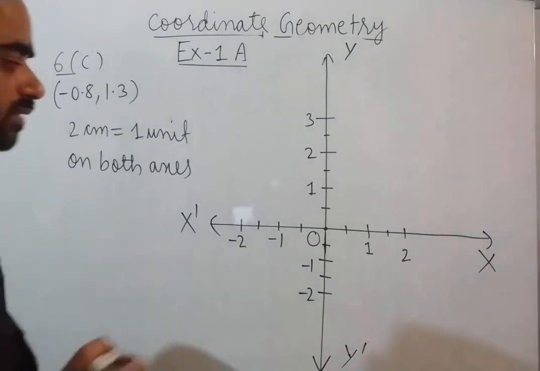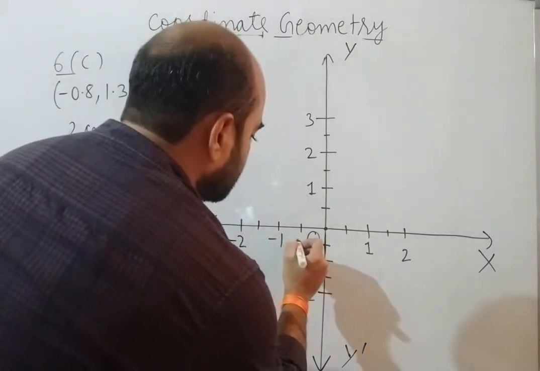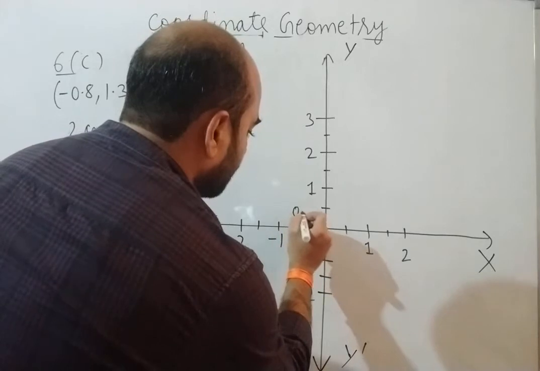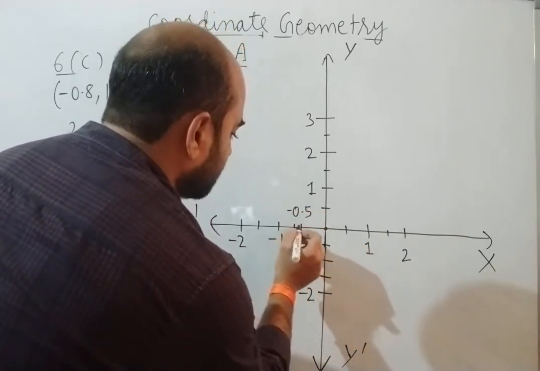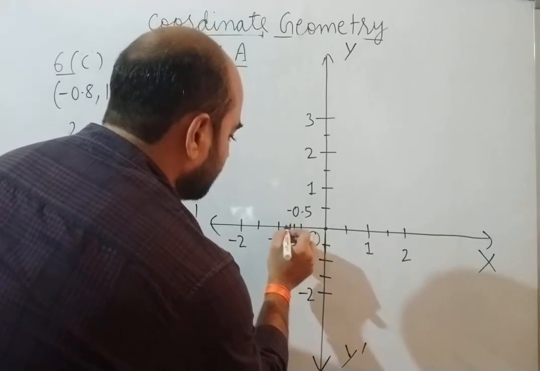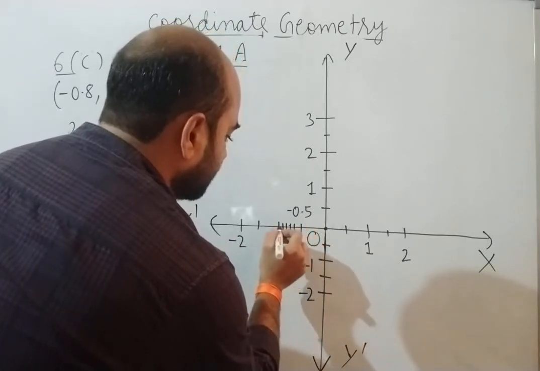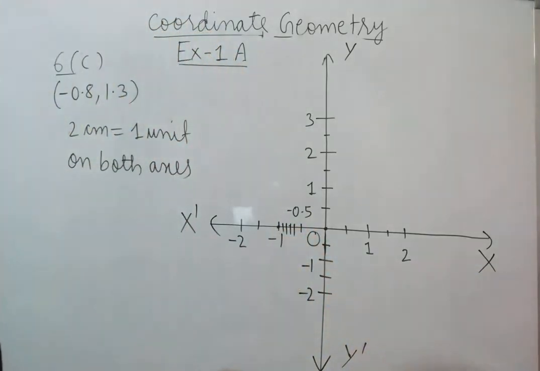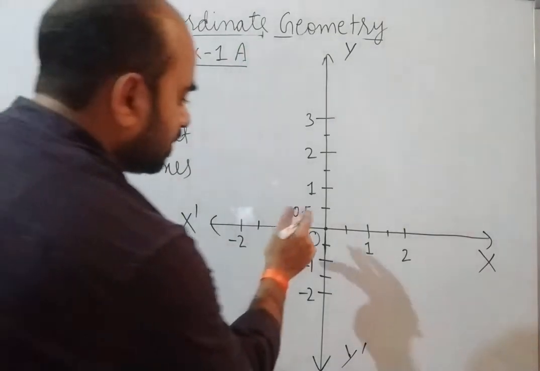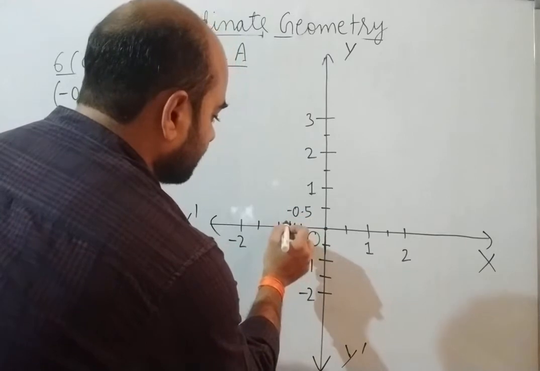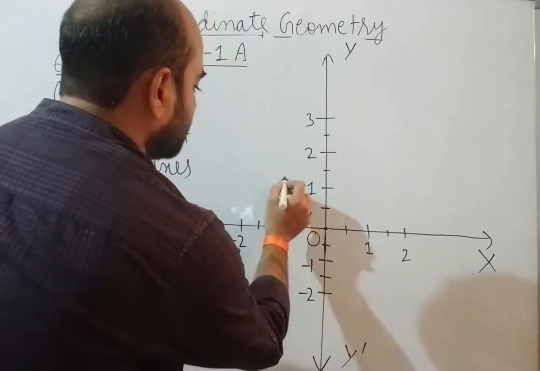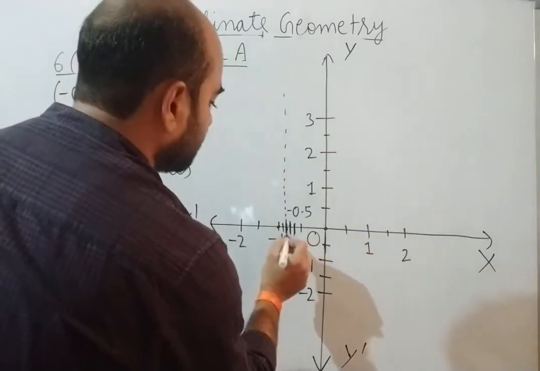Minus 0.8 means this is minus 0.5, then 0.6, 0.7, 0.8, 0.9, and this will give minus 1. Clear? So minus 0.5, then minus 0.6, minus 0.7, minus 0.8. So this will give minus 0.8.